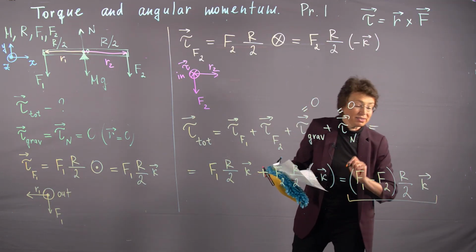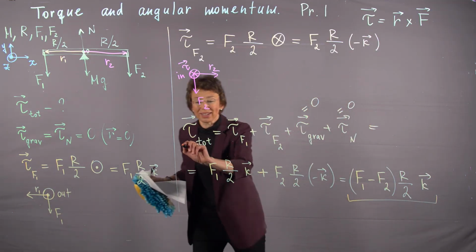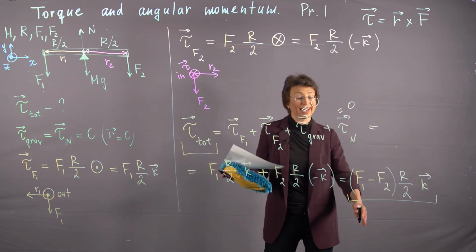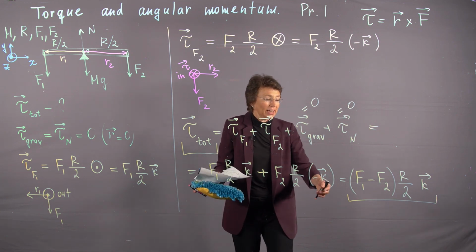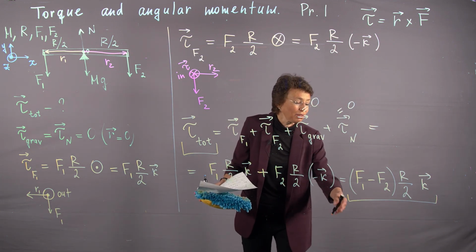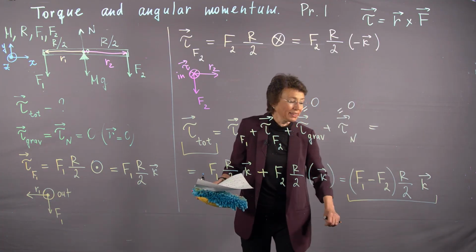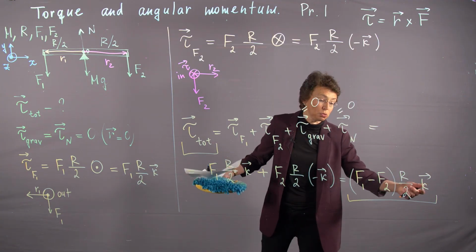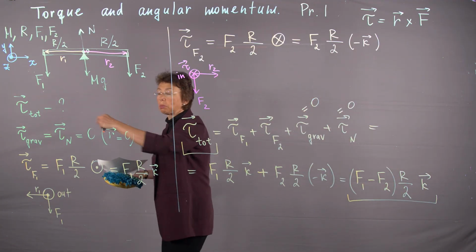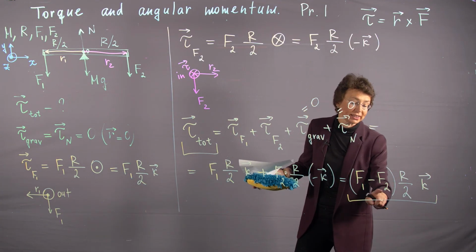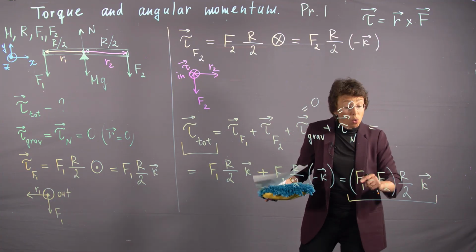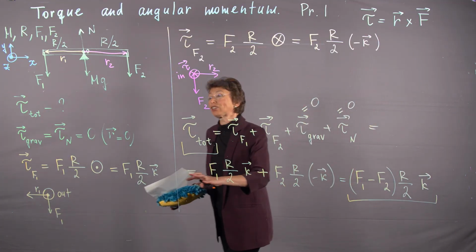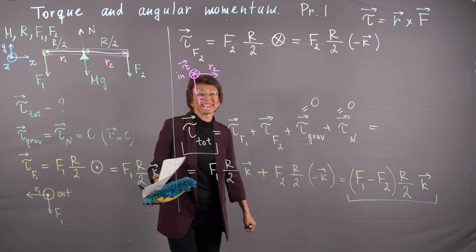So we derived this torque, calculated from these two forces. Finally, at the very end, you will plug in the numbers, the magnitudes of F1 and F2, and figure out whether it is in the positive z direction with my choice of coordinate system, meaning F1 is greater than F2, or, if F2 is greater than F1, in the negative z direction.